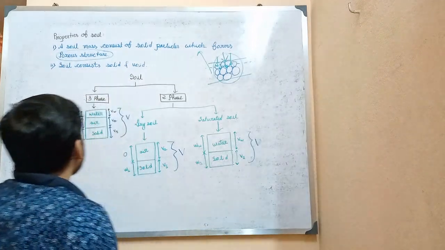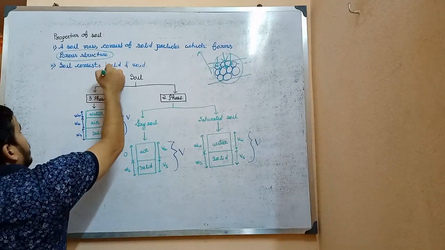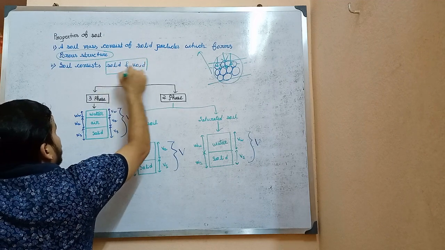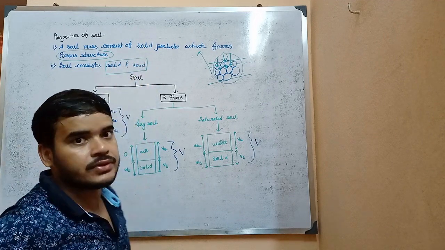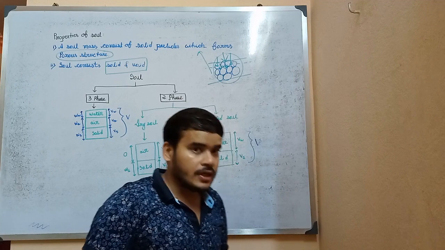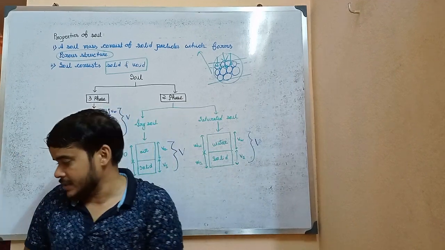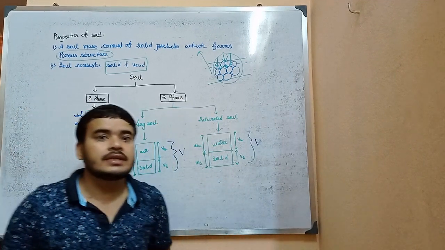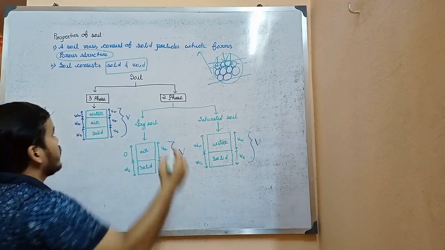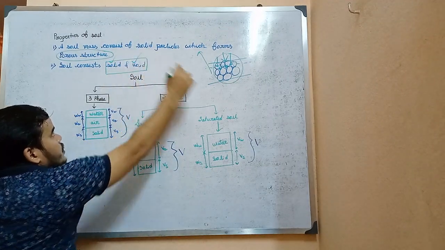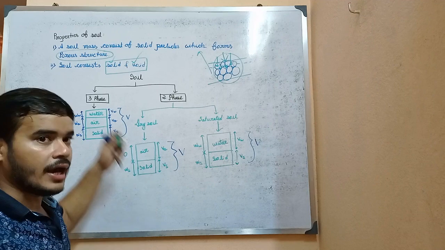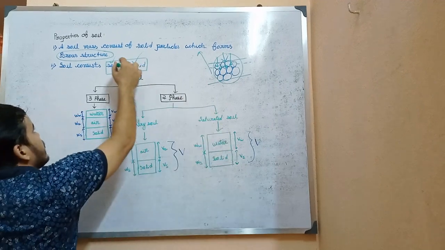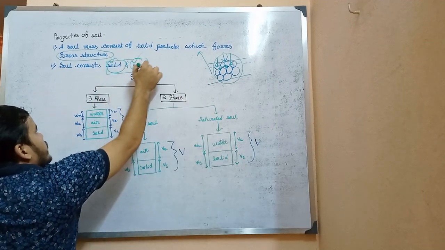Nothing much. These two things form the whole soil structure. Look, if we build a structural building, there are so many things, but soil only deals with these two things, solids and voids. We have to consider the solid particles and the void.